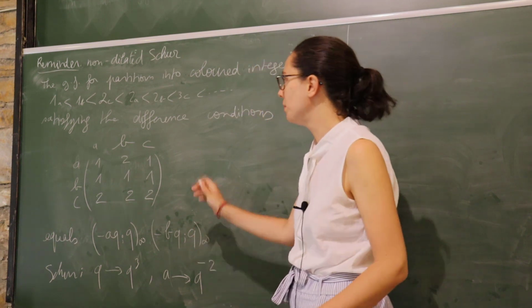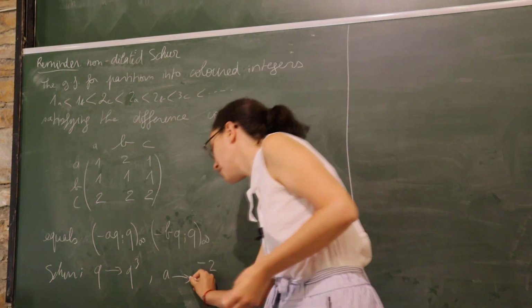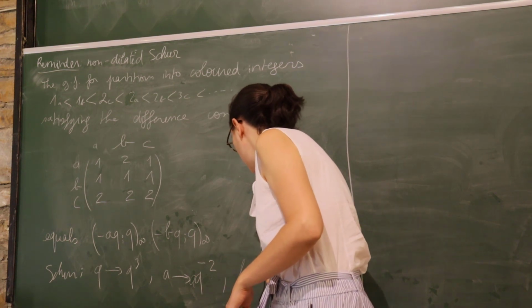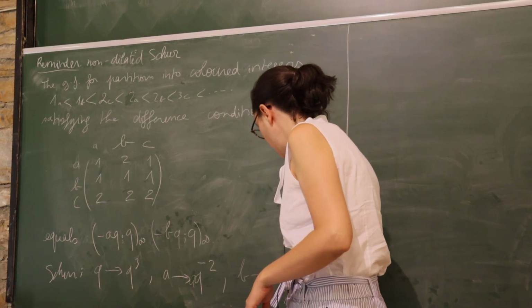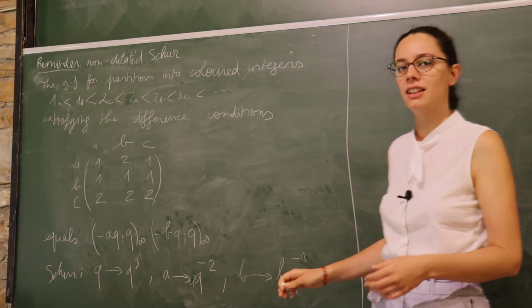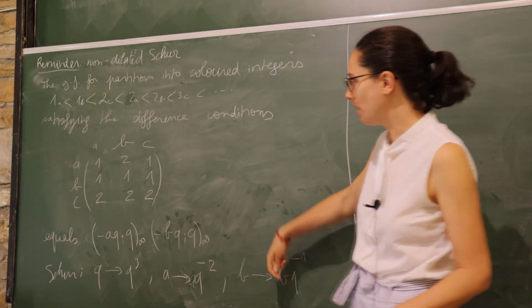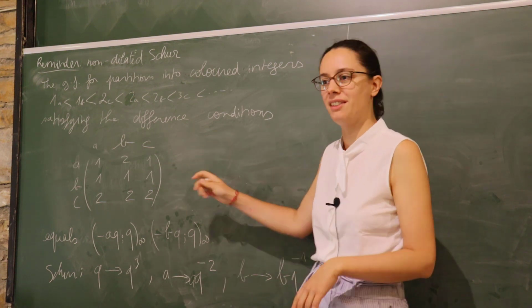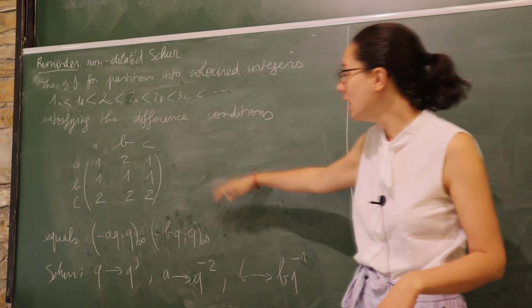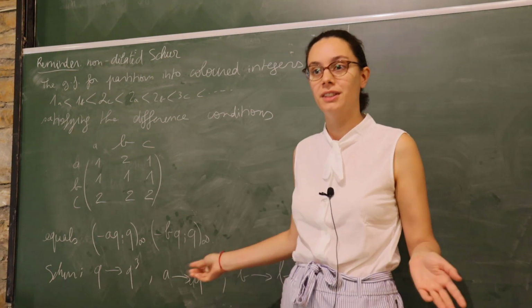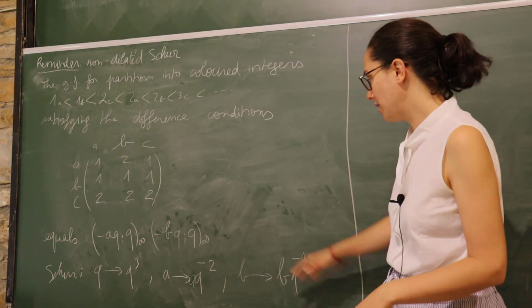Or if you want to keep the refined version of Schur, you can also keep the variable A as you wish. And B, you replace by BQ minus 1, or without the B if you don't refine as you wish. And then the matrix translates to the difference conditions of Schur, and this becomes just distinct parts congruent to 1 or 2 modulo 3. So that's how you get Schur.